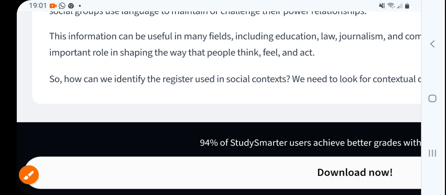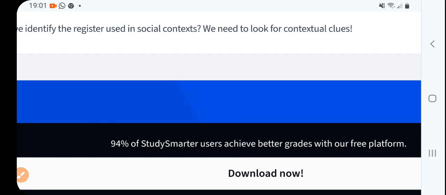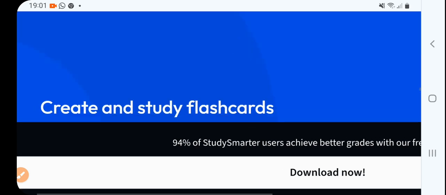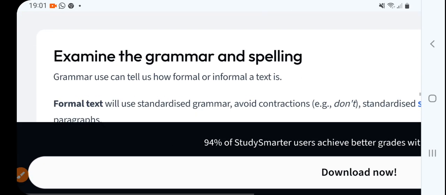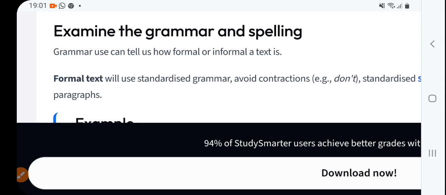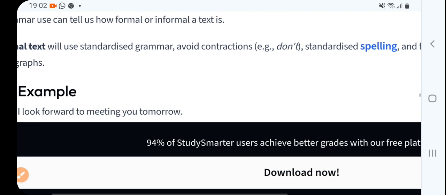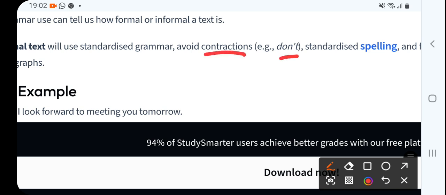Okay. Now, how can we identify register use in social context? We need to look for contextual clues. What do contextual clues mean? For example, grammar can tell us how formal or informal a text is. Formal text will use standardized grammar and avoid contractions. Contractions are short forms, so instead of "don't," we use "do not."